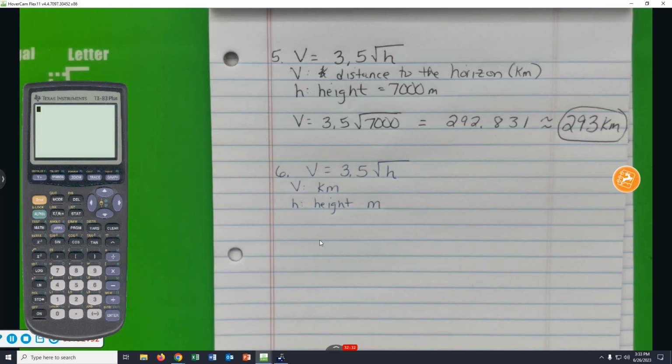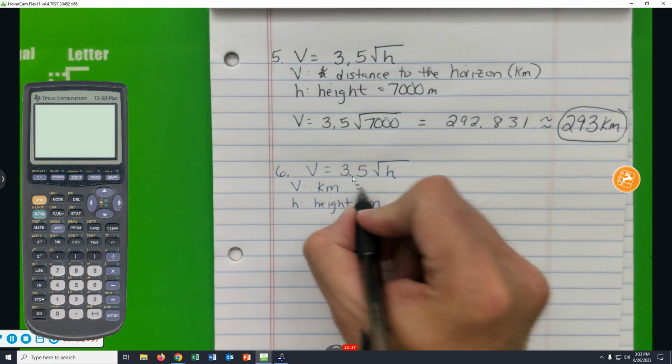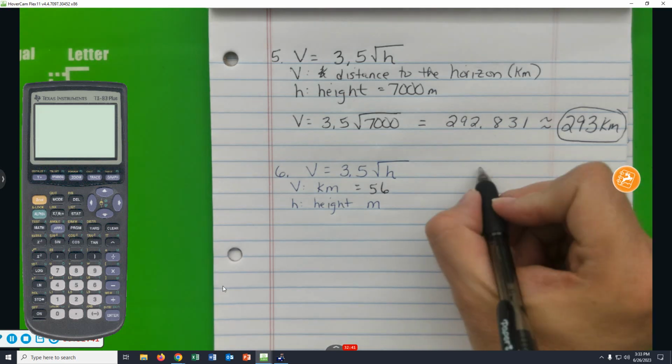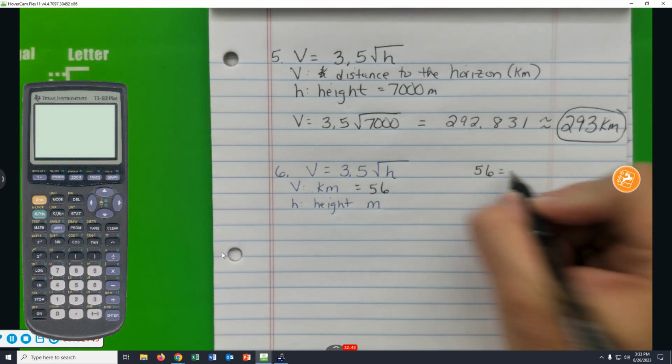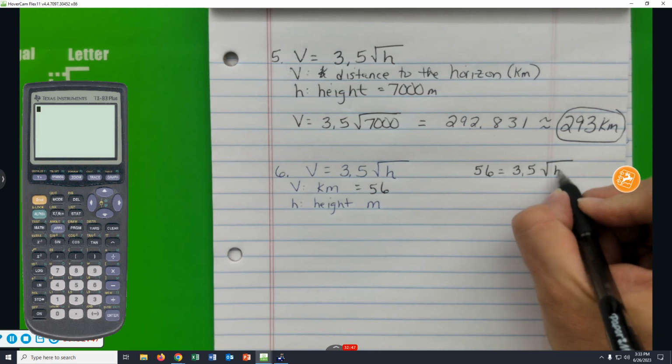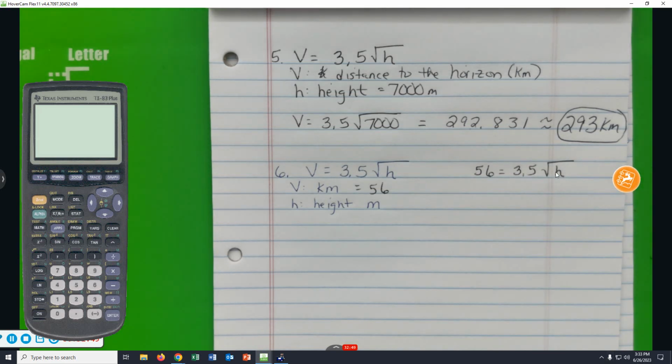It's kilometers, so it's got to be V. Okay, so plug 56 in for V. 56 equals 3.5 times the square root of h. And we're trying to find the height. How high is that steeplejack if he can see 56 kilometers?